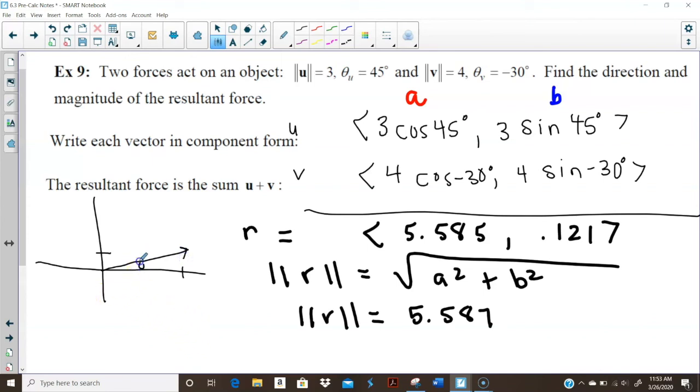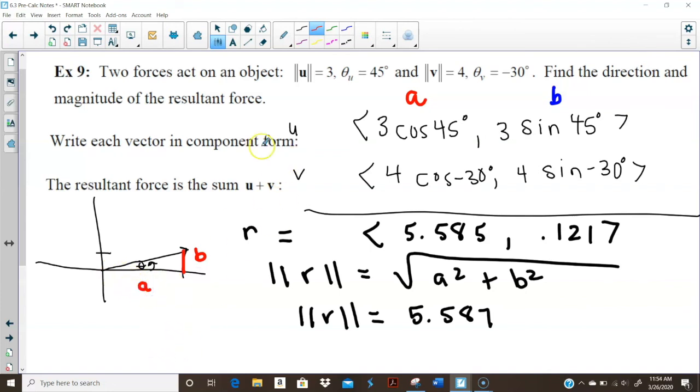We are interested in finding that angle of the result. So how you're going to find that angle is you're just going to use tangent, because you know what the opposite side is. That's going to be your B. And you know what the adjacent side is.